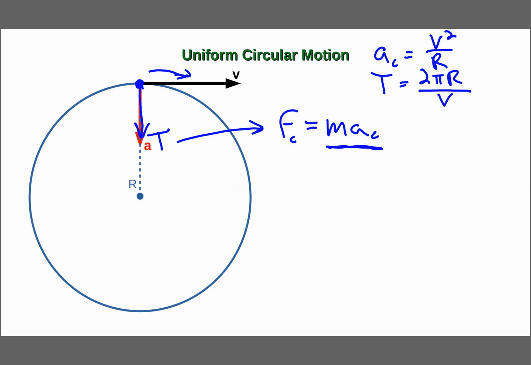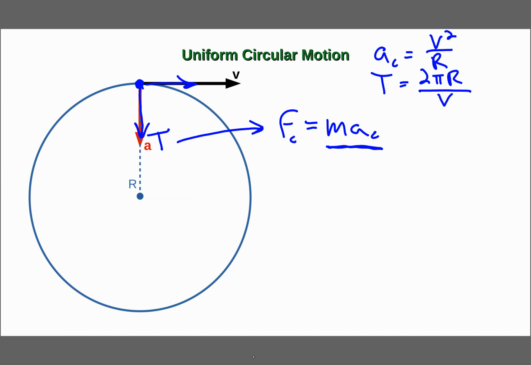Now, if at any time that centripetal force stops, okay, so let's say the string breaks, the object then won't have any net force on it, right? And so it will keep going with a constant velocity. Constant velocity means constant speed in a straight line. So at all points, the velocity is pointed this way.